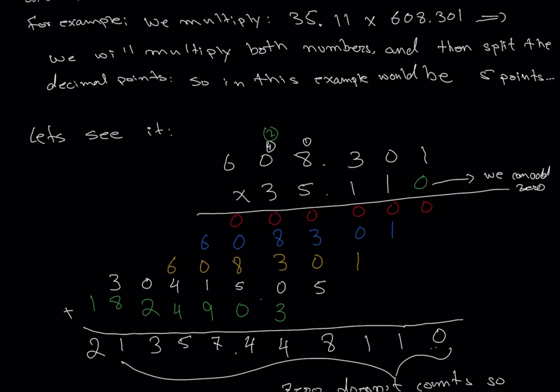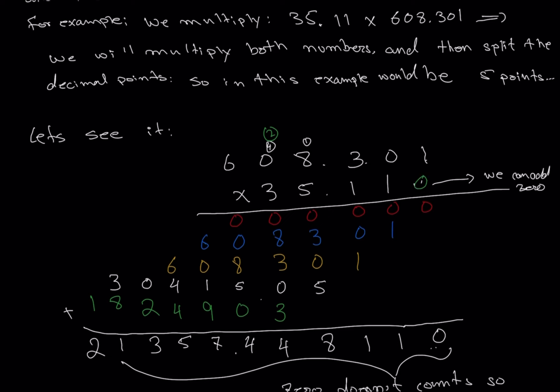The multiplication will be done this way. 0 multiplied by 1, 0 multiplied by 0, 0 multiplied by 8, 0 multiplied by 0, 0 multiplied by 6. Whatever we multiply, we just write it down below. For example, 0 multiplied by 3, you write it down right here. So that's how we deal with it.